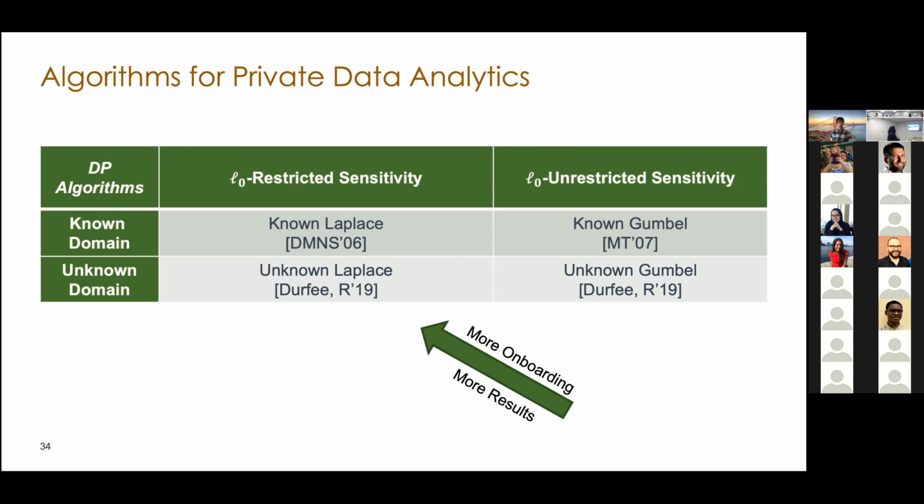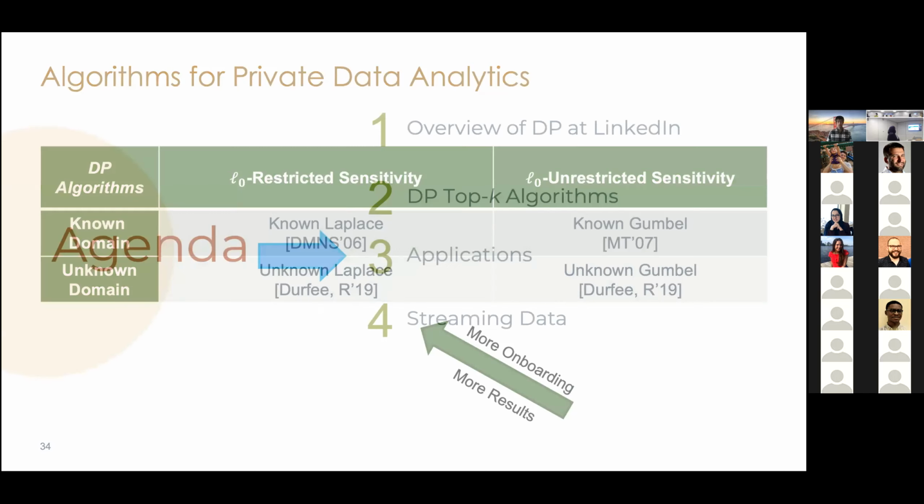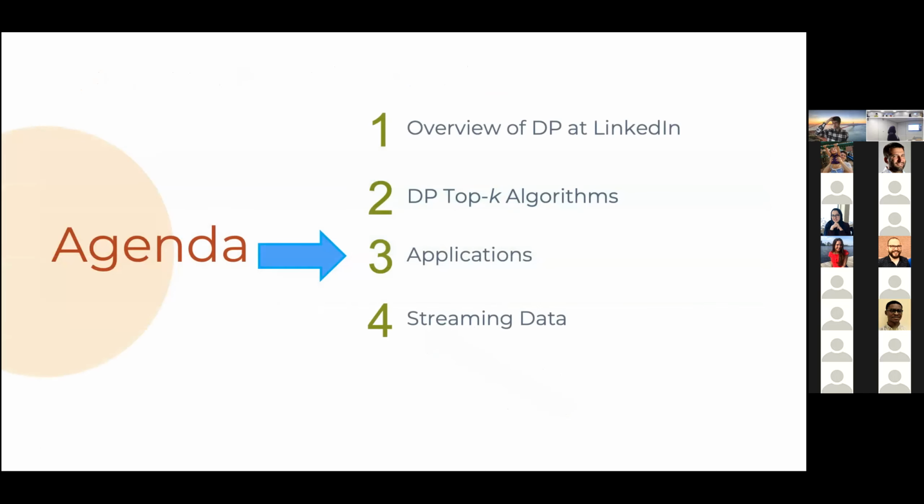We can use known Laplace or known Gumbel. And if we know that a user is only modifying a certain number of things, maybe this is ensured as data is collected, then we can move to the restricted sensitivity setting and pay a small cost. So let me stop there and see if there are any questions on these.